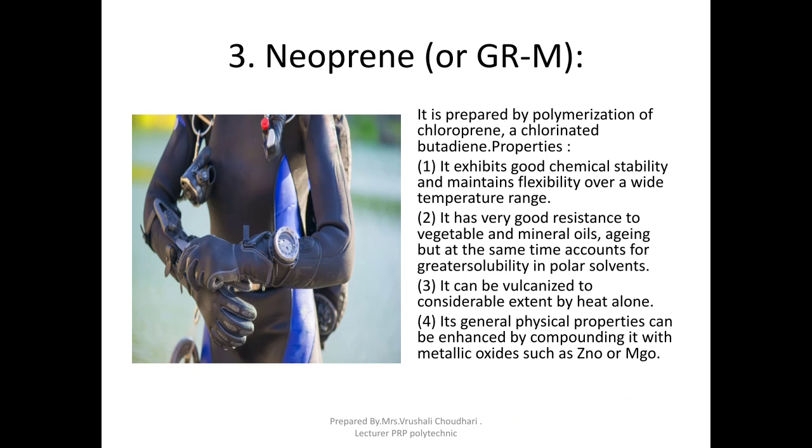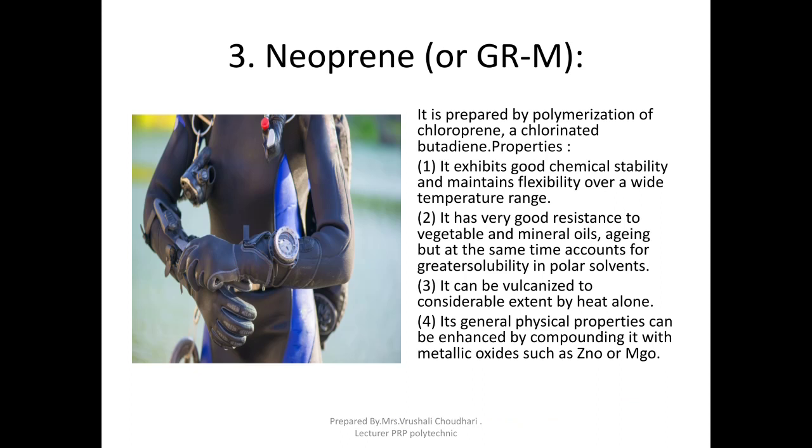Properties of Neoprene: it has good chemical stability and maintains flexibility over a wide temperature range. It has very good resistance to vegetable as well as mineral oil. Aging is difficult. It can be vulcanized to make it hard.